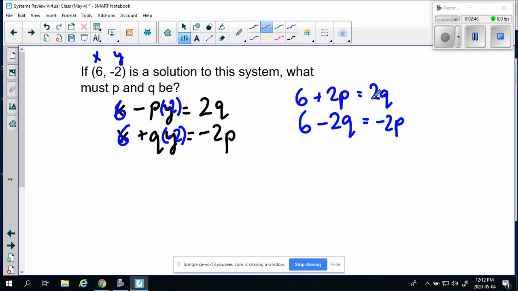Probably the easiest way to solve this is possibly by elimination, but be careful because these terms don't match up. So what I can do is rearrange the top equation, moving this one over there. So 6 - 2q, and then the 2p will move over here, is equal to -2p. So here are my two equations.